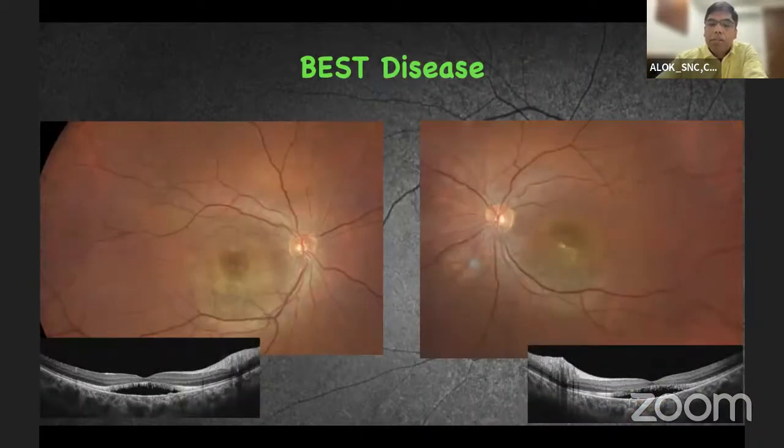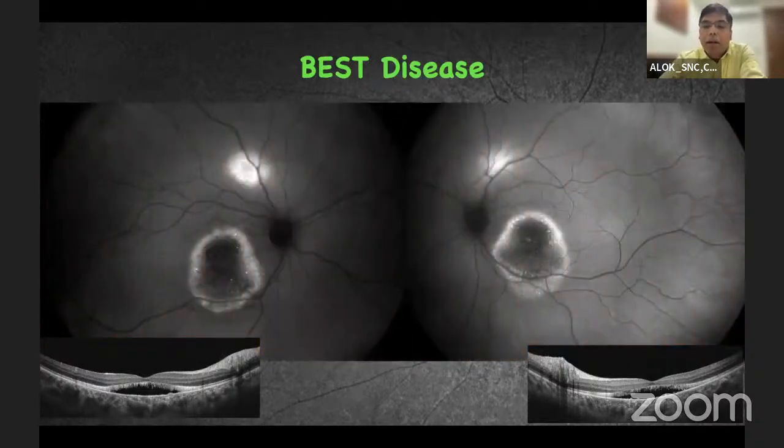Now, you can see this case where you have a bilateral symmetrical neurosensory detachment, and you can see the shaggy photoreceptors and some of the deposits over the RPE, and these appear hyperautofluorescent on fundus autofluorescence, and you can see these hyperautofluorescent dots.